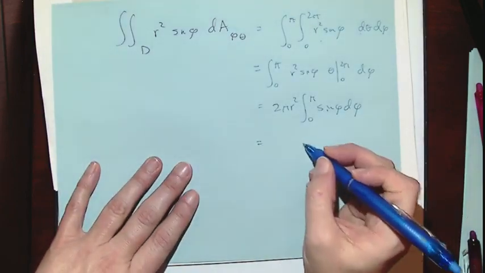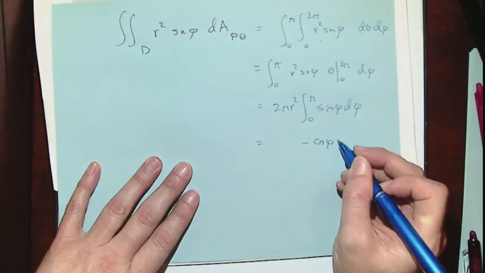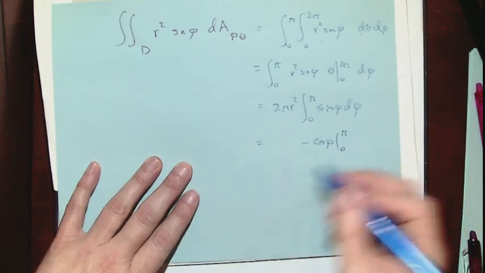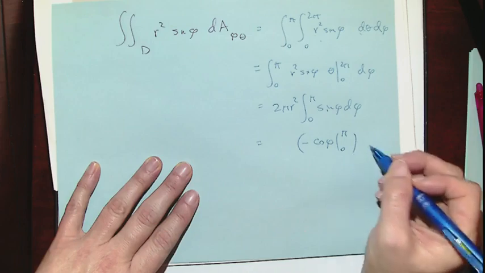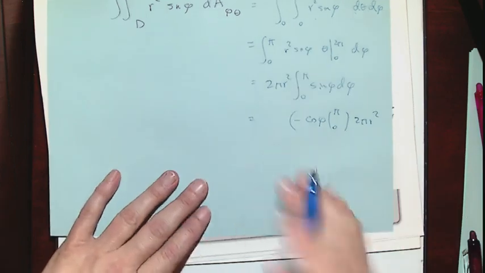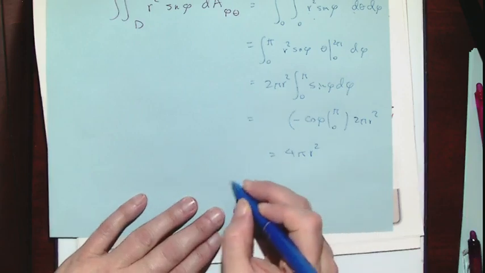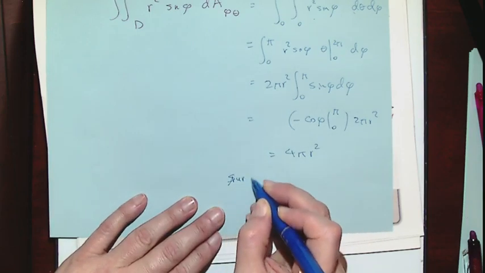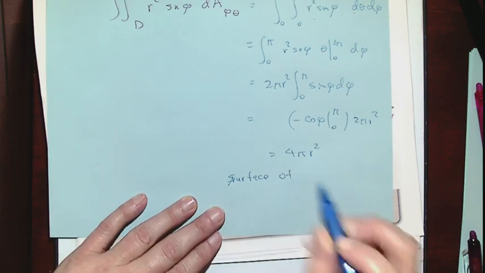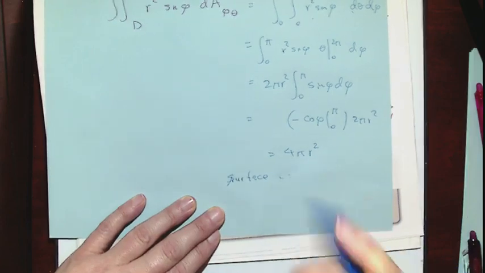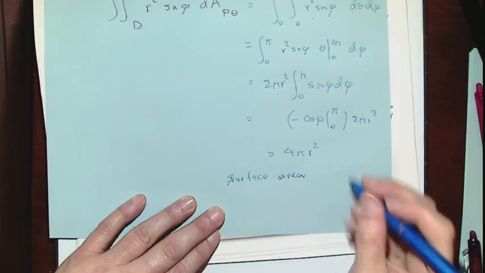So it's going to be negative cosine of phi, 0 to pi, times 2 pi r squared. The entire thing is 4 pi r squared. That is the surface area of the sphere.